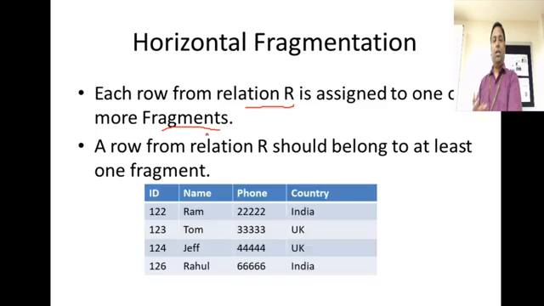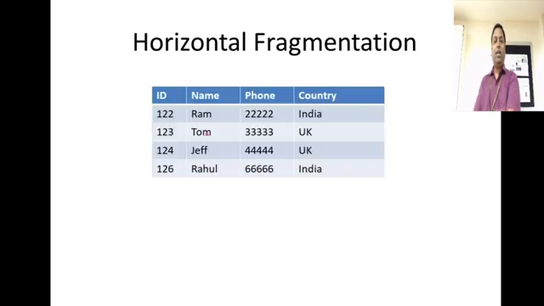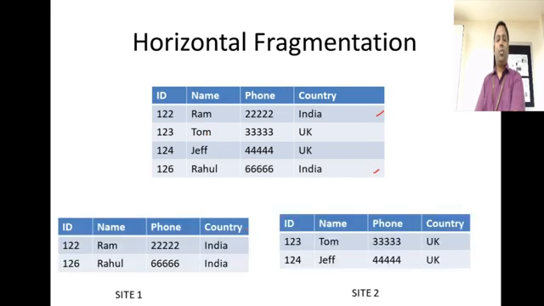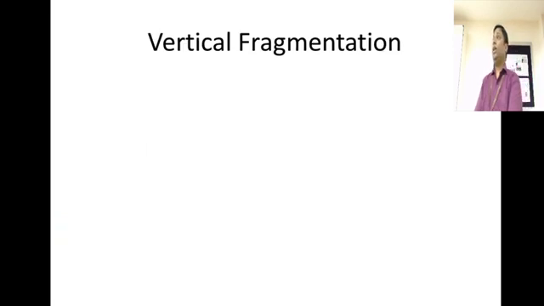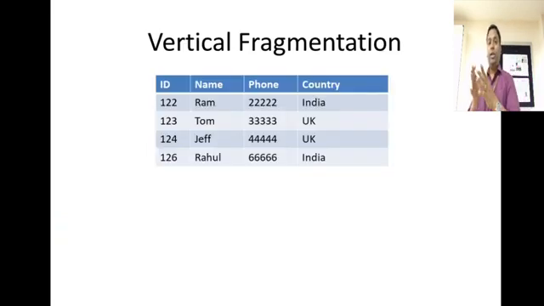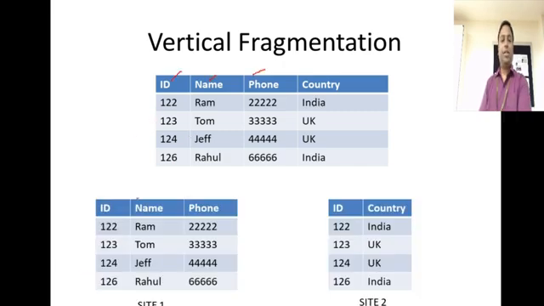What is horizontal fragmentation? I have given a diagram here. You split it using rows, say all the Indian customers on one side, all the UK customers on another side. Vertical fragmentation is where you split it as columns, not as rows. Maybe I'll take these three columns and move them to one side: ID, name and phone on one side, ID and country on another side.